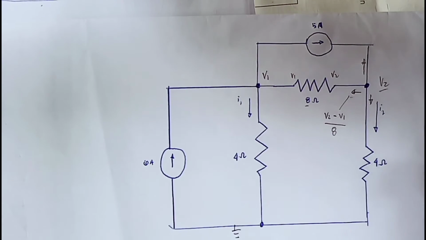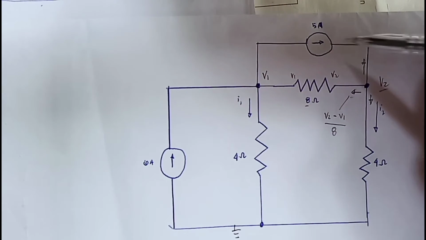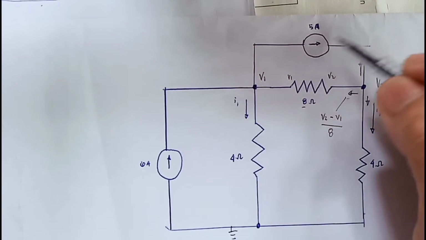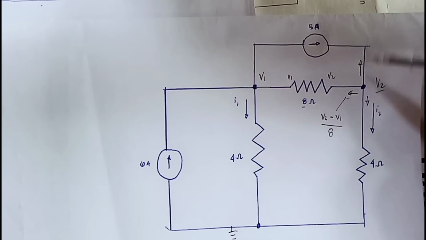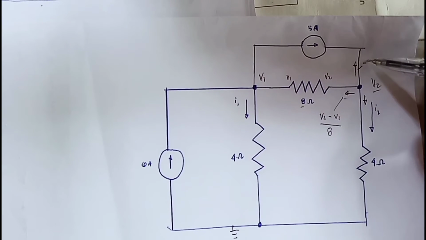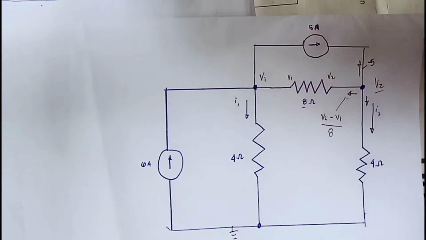Coming to the top, the 5 amps is pointing in the opposite direction, so that is -5.